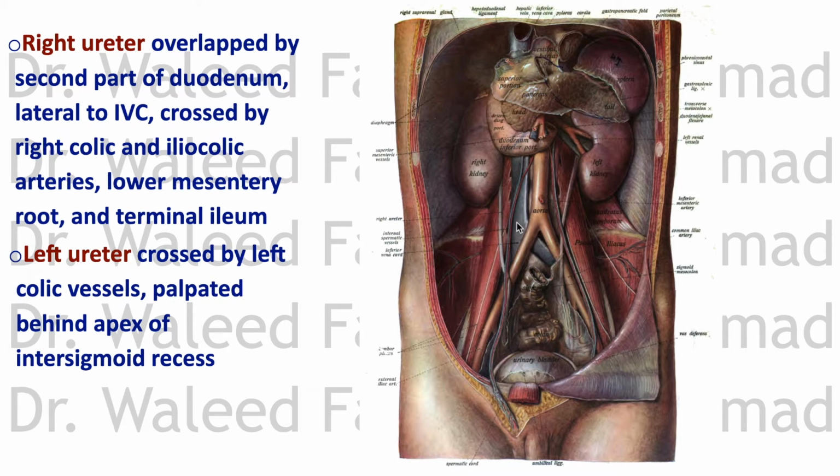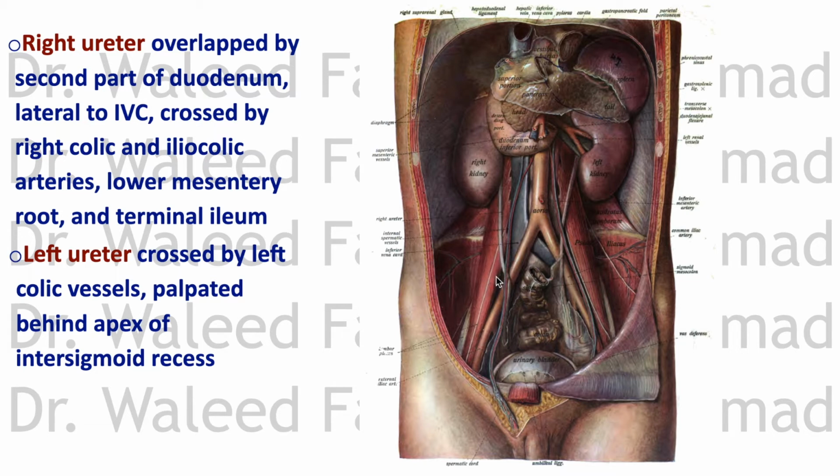Divide the abdomen in layers. The ureter is the deepest layer, on the psoas major muscle. And as it descends, it's crossed also by the root of the mesentery. Remember, the root of the mesentery starts by crossing the third part of the duodenum, then the aorta, then the inferior vena cava, and the psoas major with structures on it.